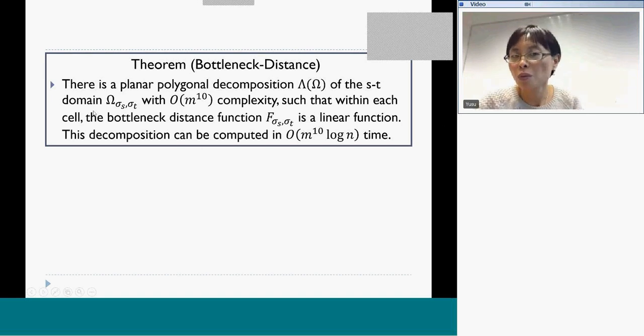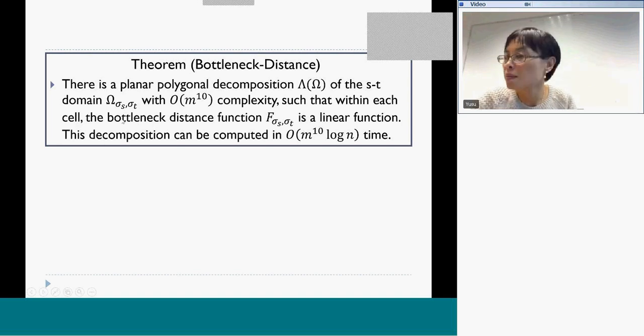now consider this ST domain omega. Remember the ST domain is simply the parameterization of the two base points, S in graph G1 and T in graph G2. It can be decomposed into a polygonal decomposition with m to the power 10 cells.